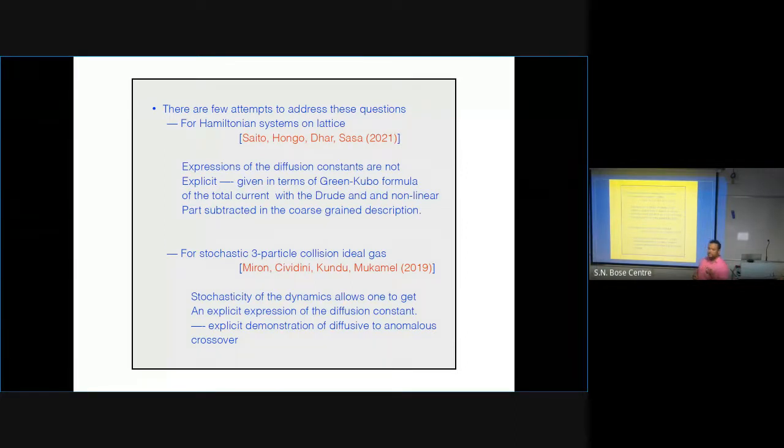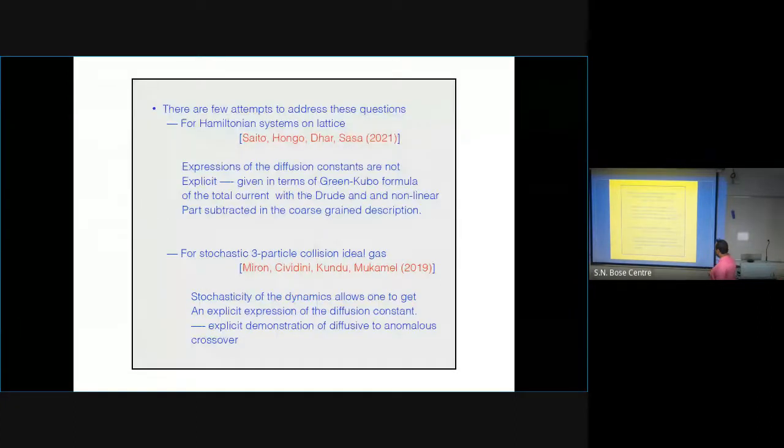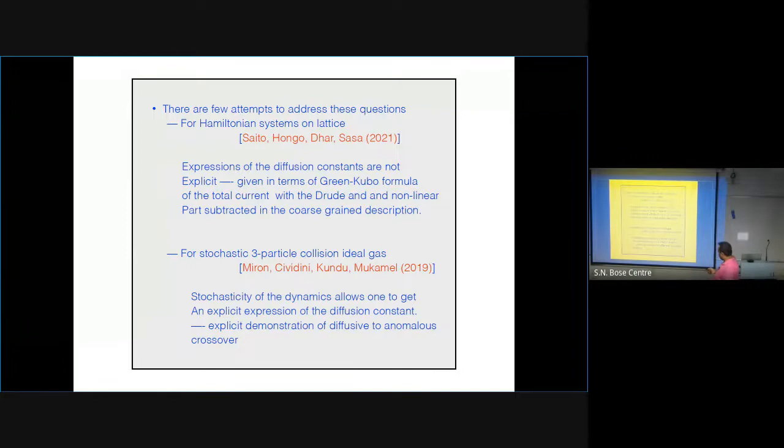You choose any three consecutive particles at random, and then mix their momentum in such a way that the total momentum and total energy are fixed. In that model also you can establish the hydrodynamic equation and the diffusion and noise terms very rigorously.